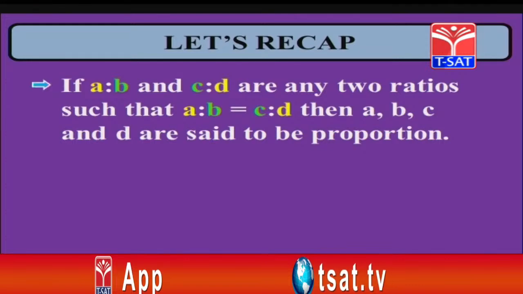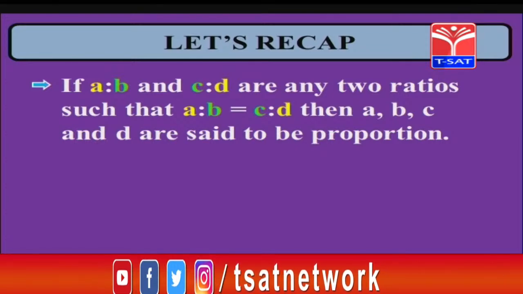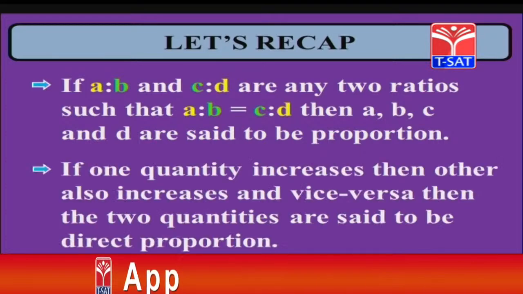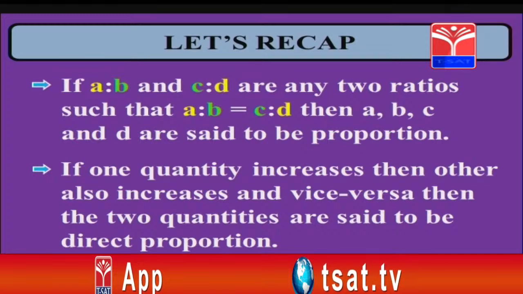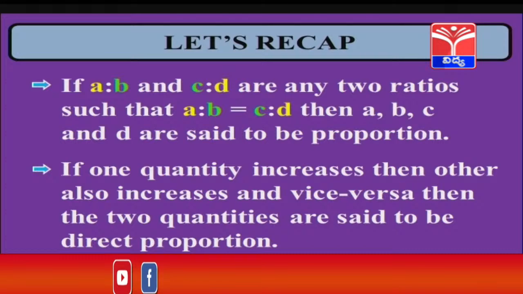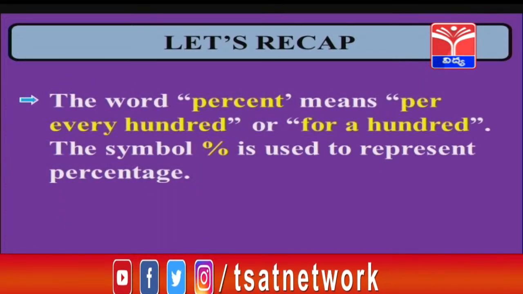If A is to B and C is to D are any two ratios such that A is to B is equal to C is to D, then we can say A, B, C and D are in proportion. If one quantity increases, then the other also increases and vice versa, then we say that the two quantities are in direct proportion. The word percent means per every 100 or for 100.